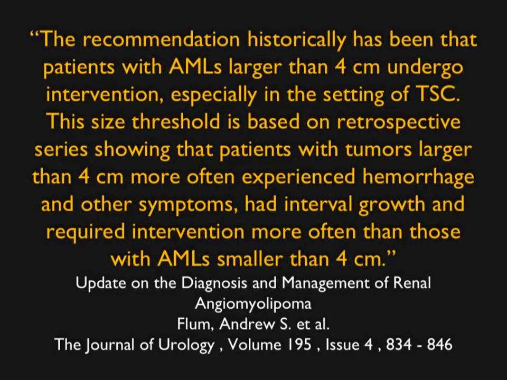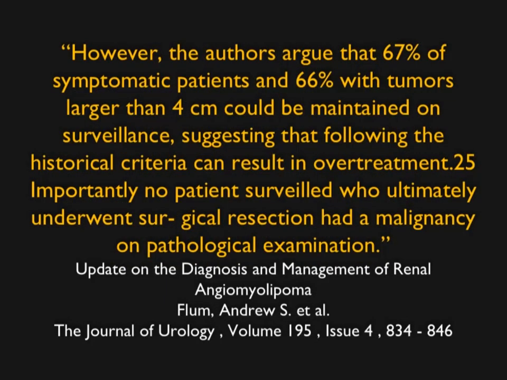Now, sometimes people ask, what size should you intervene? It used to be considered 5 cm, then 4 cm, but again, people will argue because in this article and in the urology update, 67% of symptomatic patients and 66% with tumors larger than 4 cm can be maintained. So really, you don't necessarily need to operate on that patient.